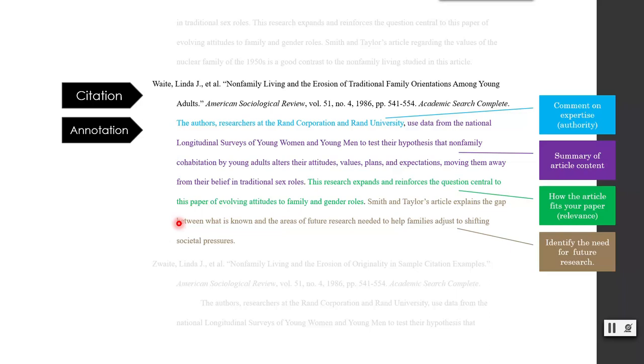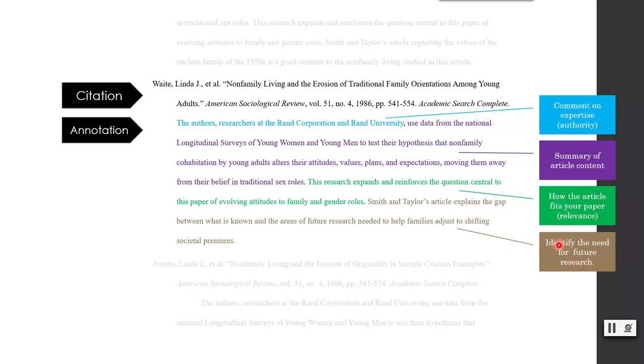In this example, this is your standard annotation, comprising a comment on the expertise or authority of the article, a sentence or two on the summary of the article content, how the article fits with your paper, how related or relevant it is, whether it expands on the topic or the research, and identifying perhaps the need for future research.